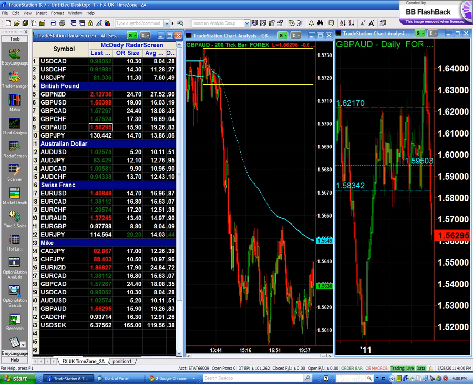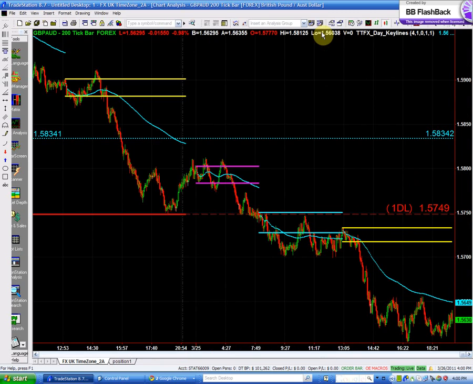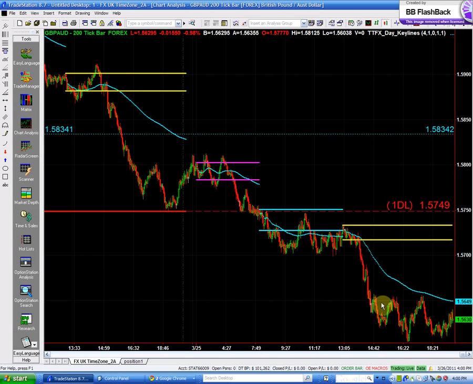Okay, so with this, I'm still looking for a continuation to the downside. I want it to go down. I don't have any buy signals, and this is going to be my structure.